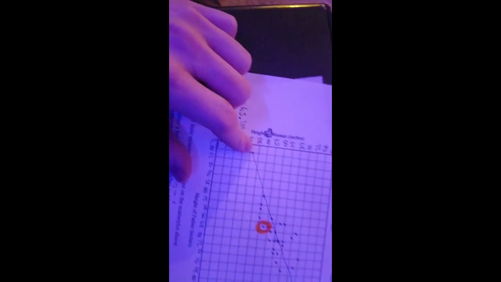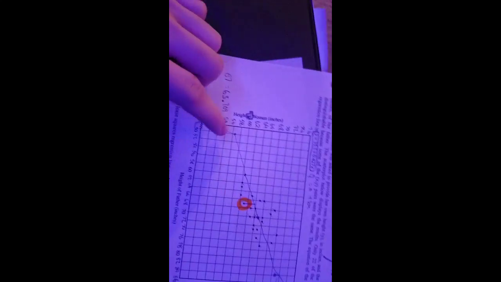Then I also plugged in 50 and 86 into the equation, and for 50 I got 56.95, which is about there, and for 86 I got 71.8, which is about there. So that's how I got my line.